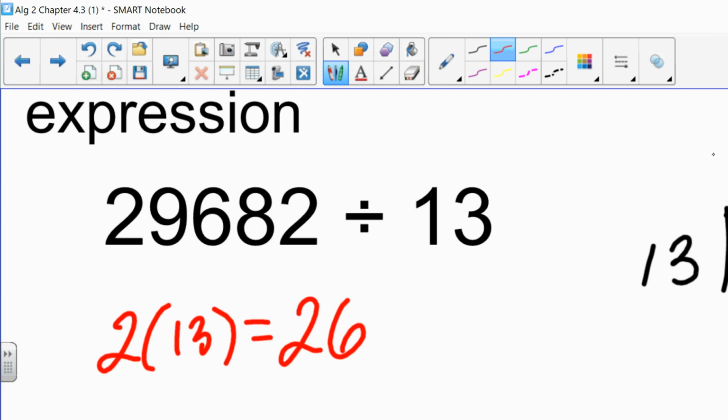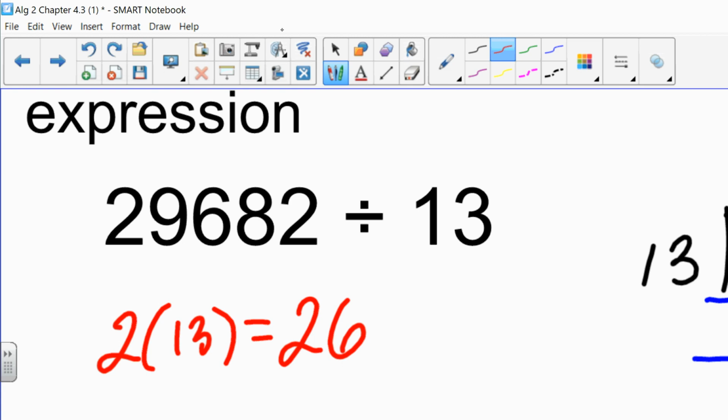And then we would subtract it. And 29 minus 26 is 3. And then we would bring down the 6. And then we would do it again.